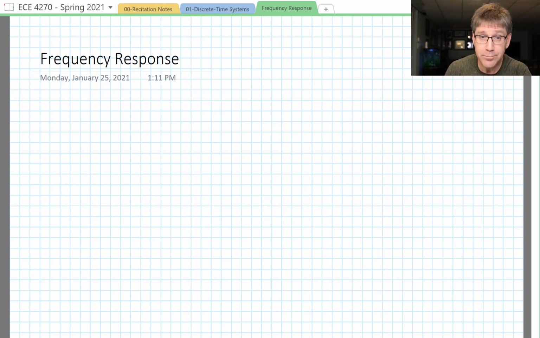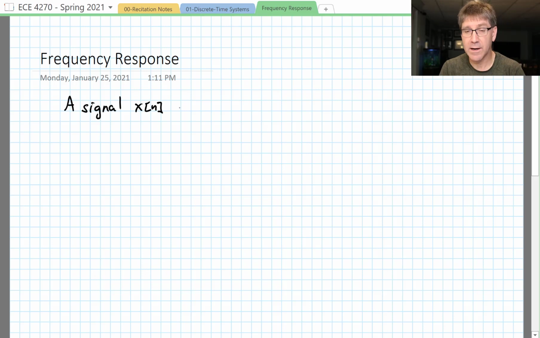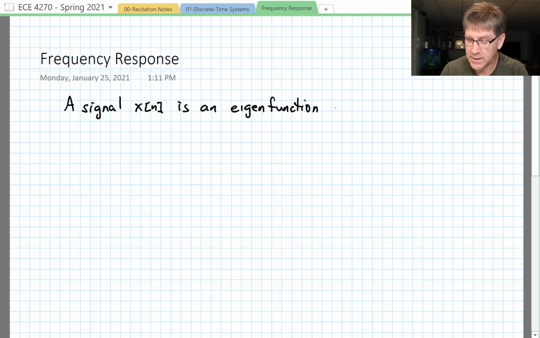So let's review a basic concept of linear algebra, but we're going to put a different twist on it, if you will. In linear algebra, you learn about the concept of eigenvalues and eigenvectors. Well, here's a new one, perhaps. x[n] is an eigenfunction of a system.